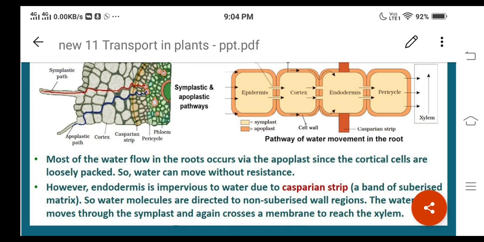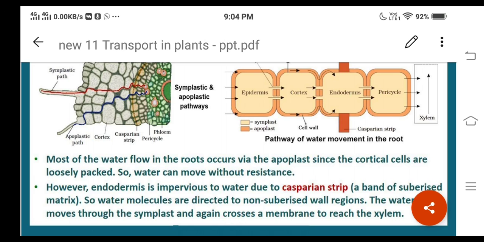Because of the presence of suberin, it will not allow the water to pass through it. So water molecules are directed to non-suberized wall regions, and in the endodermis only we observe some non-suberized wall regions.